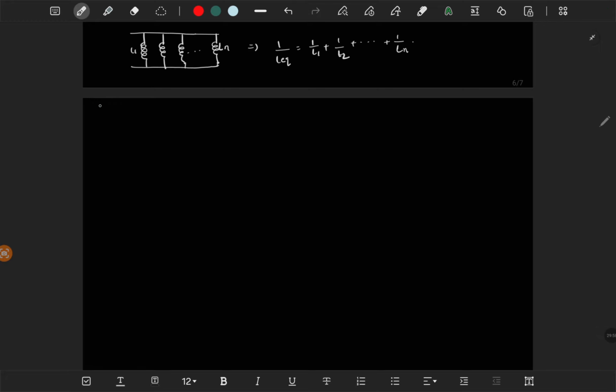We can start with one simple RC circuit. This will be interesting. You have one resistor and one capacitor, and you have some DC voltage, and you are applying this voltage at a time t is equal to 0.